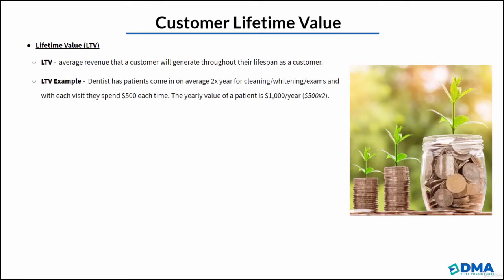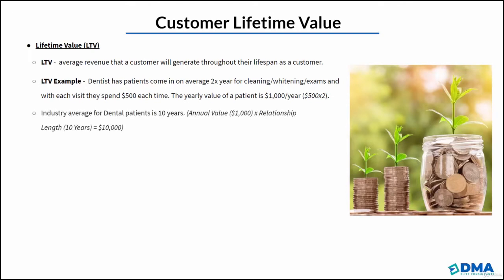And here's an example. A dentist has patients coming in on average 2 times a year for cleaning, whitening, any type of exams, right? And with each visit, they spend $500. So the yearly value of a patient is $1,000 a year, right? $500 times 2. That is the value of a patient for 1 year.